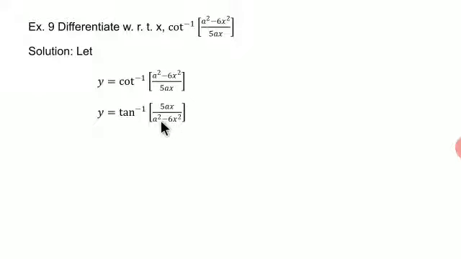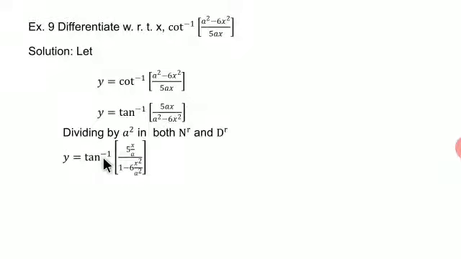To simplify this bracket, first of all we divide the numerator and denominator by a square. So dividing by a square in both numerator and denominator, we get y is equal to tan inverse of (5 into x upon a) divided by (1 minus 6x square upon a square).